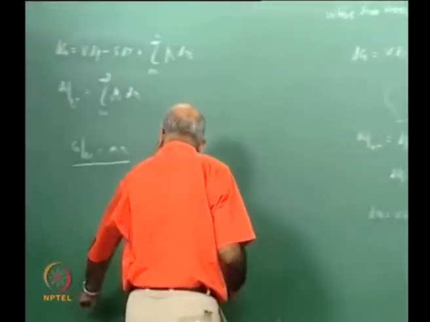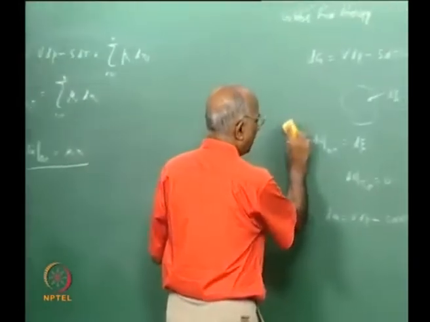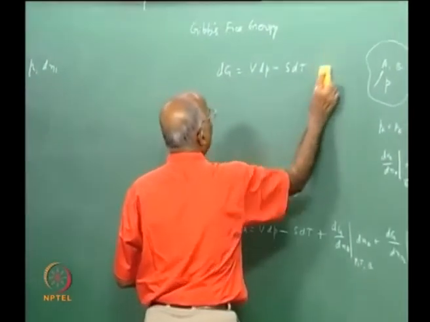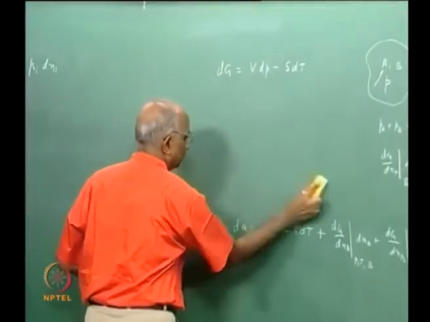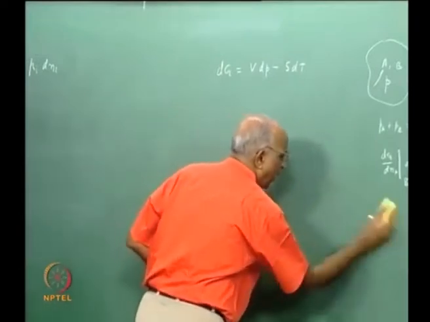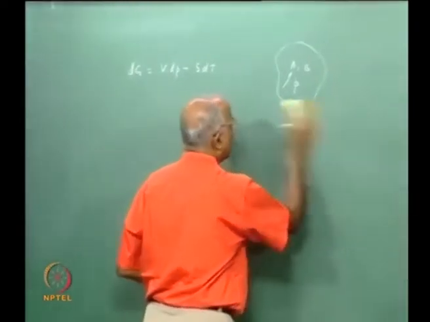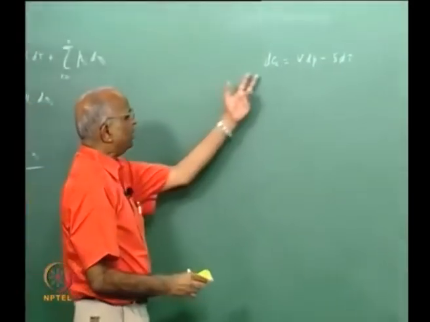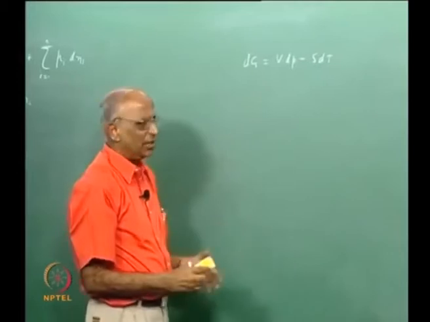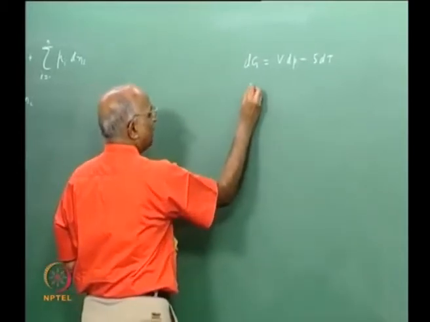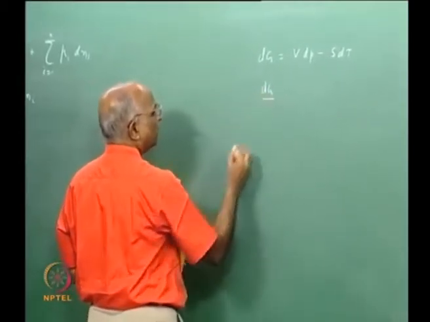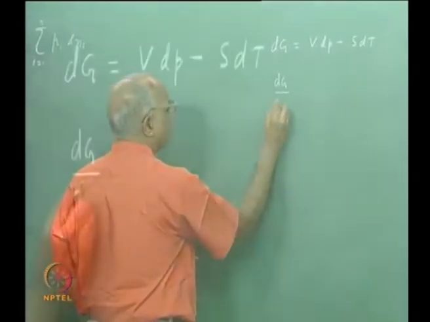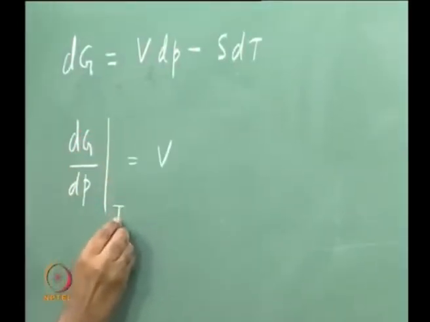Let us do that. For that I will go back once again to the basic equation we have here. For a single species, I have to relate it to partial pressure, and that is where my problem is, and that is what I am trying to do. We have dG is equal to V dP minus S dT. Supposing I were to say dG by dP at constant temperature, and why did I do this?